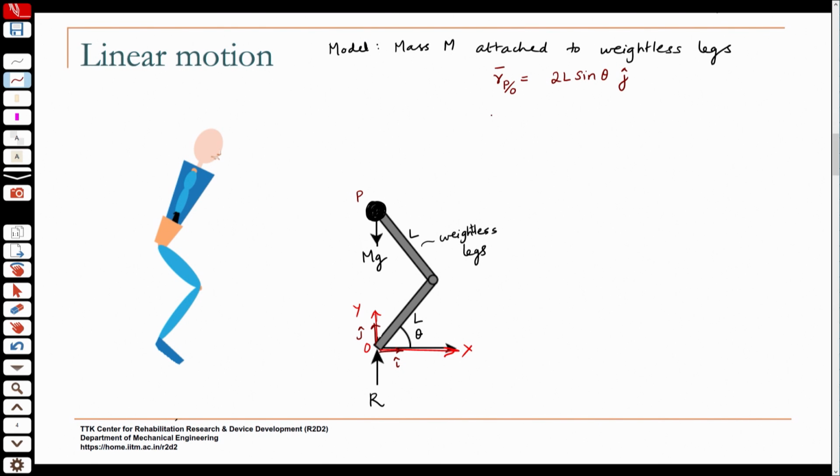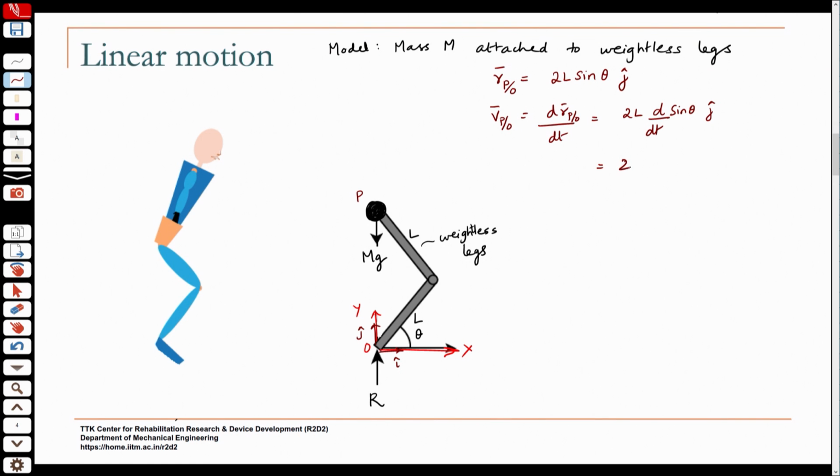Now, if I differentiate, the velocity of p is nothing but the rate of change of r p, d r p by dt. Remember I have to apply the chain rule. This is d by dt of sin theta, and 2L is a constant.